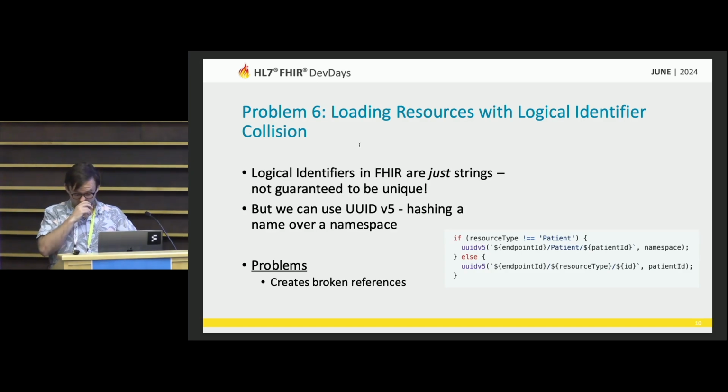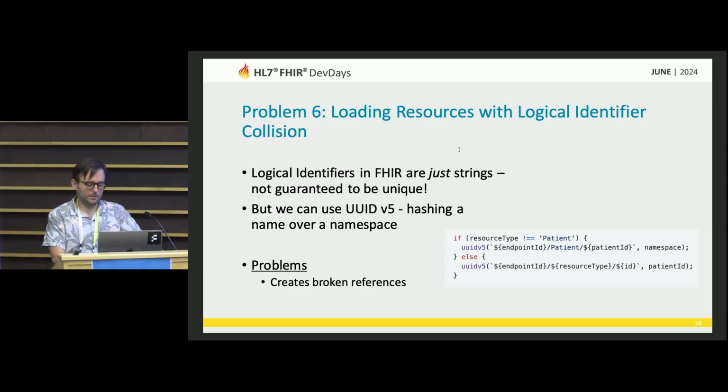So there's a clever solution to this, which is that you can rewrite the IDs using UUID v5, which creates a hash over a namespace. This is kind of cool because if you have a patient resource that has a logical identifier of 123, I can consistently create a hash that outputs a UUID given a namespace.